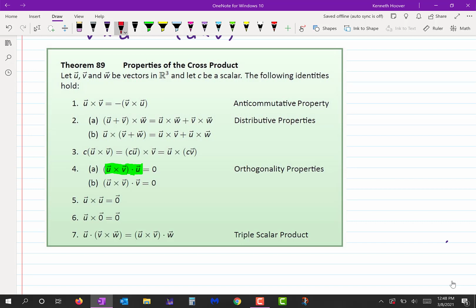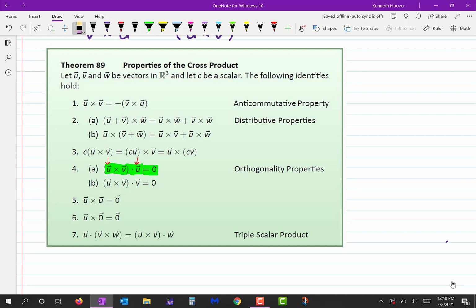Now notice what they're saying here. We're dotting with one of the vectors that was in the cross. And when you do that, you're automatically guaranteed to get the answer 0.